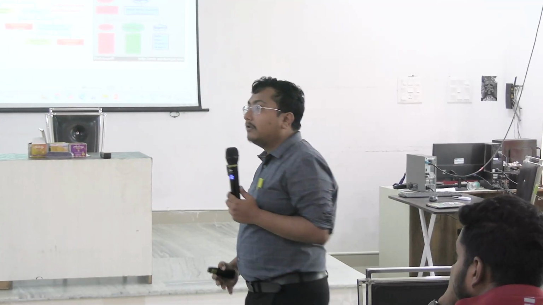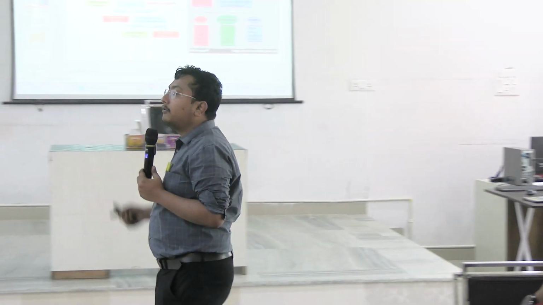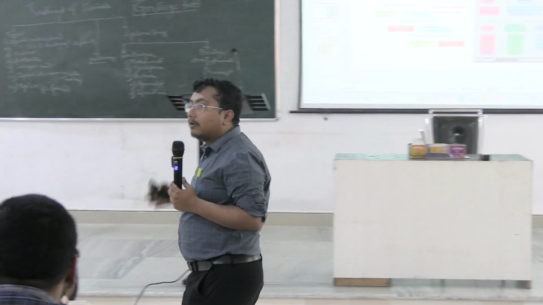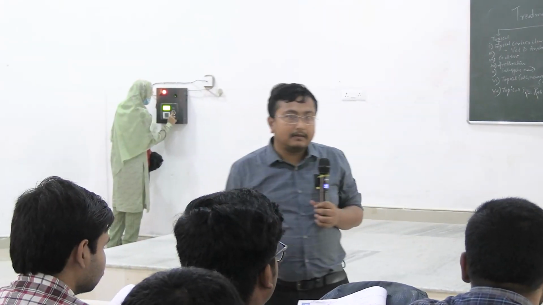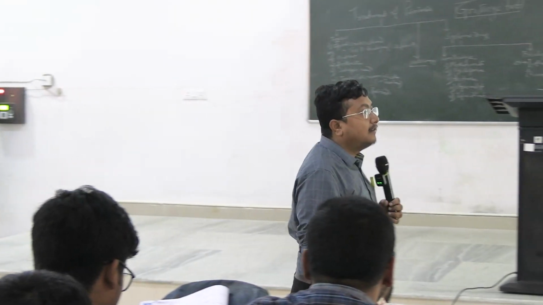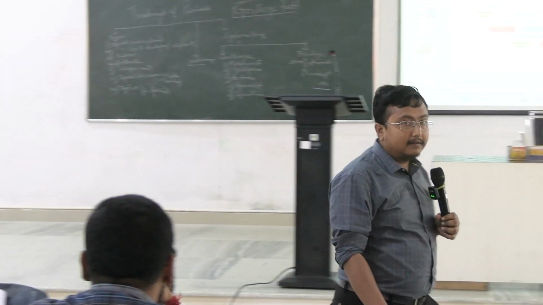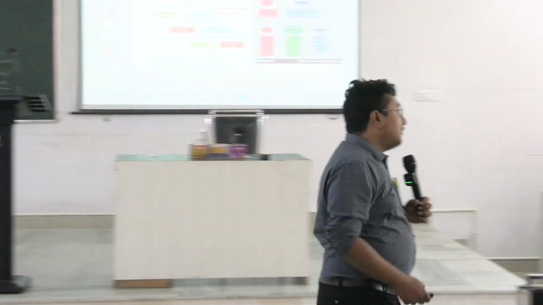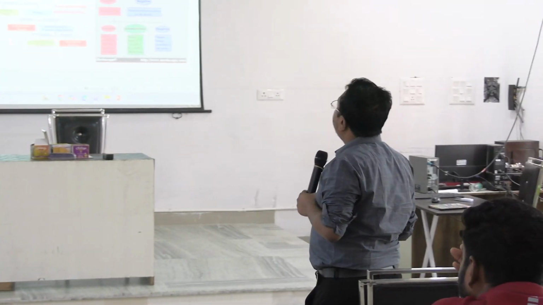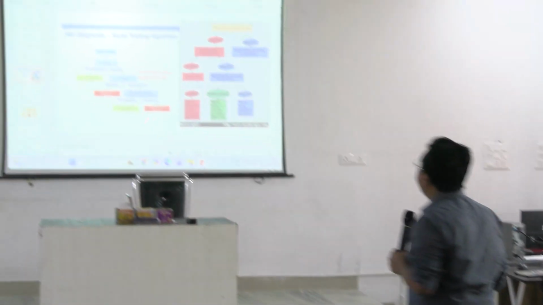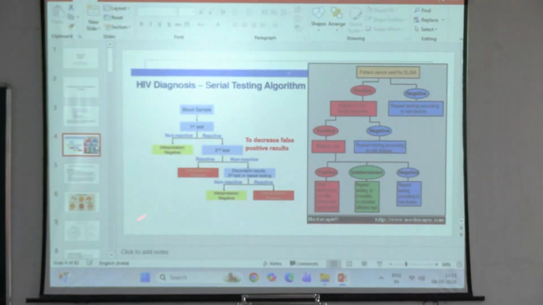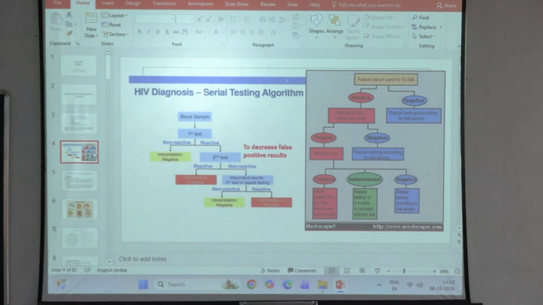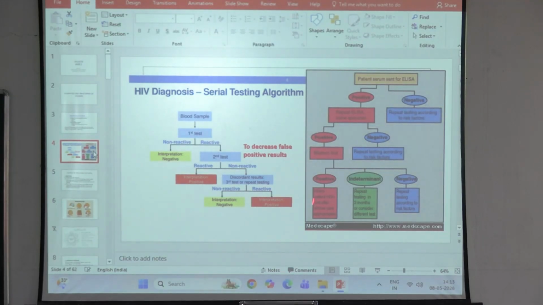Then what do we do? We introduce an almost golden test that has high specificity. Okay. So when we introduce the gold standard test, if it comes as non-reactive, we go by negative, or if it comes as positive, then we go by positive.